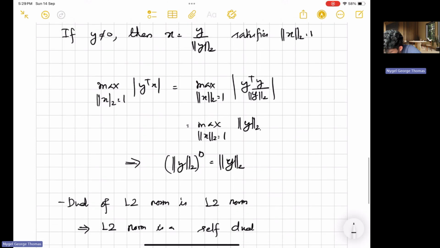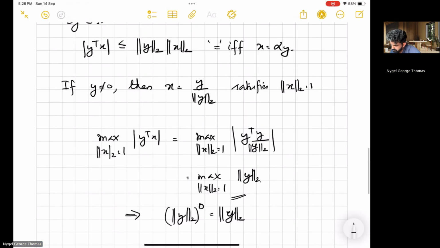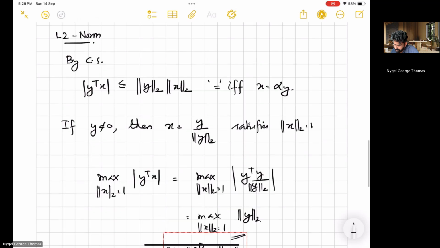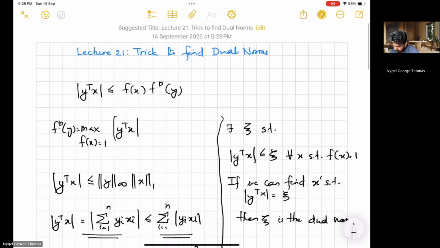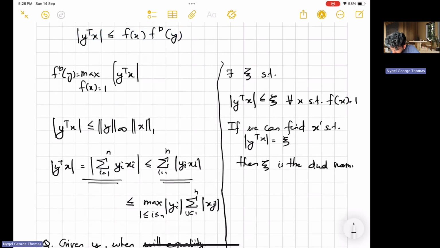I'm not really sure about this step. This is what we've had. We can discuss more on this in the next lecture.